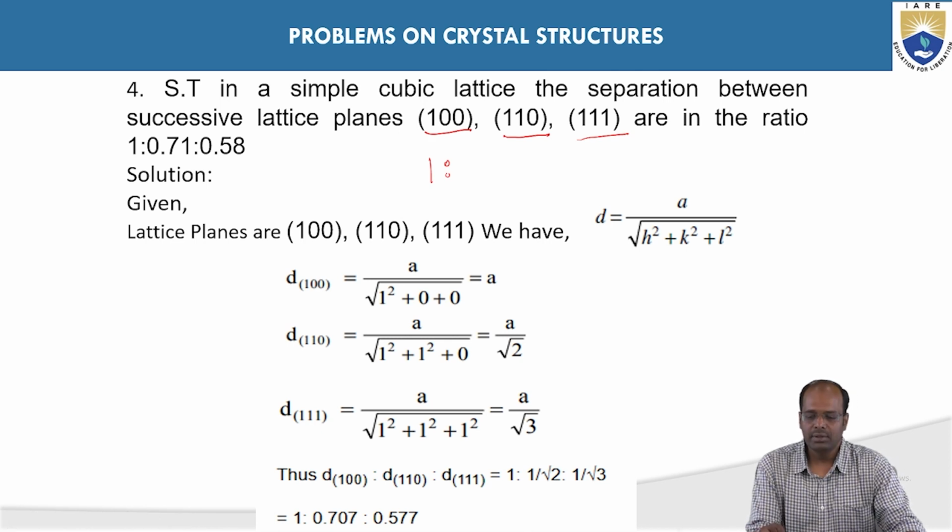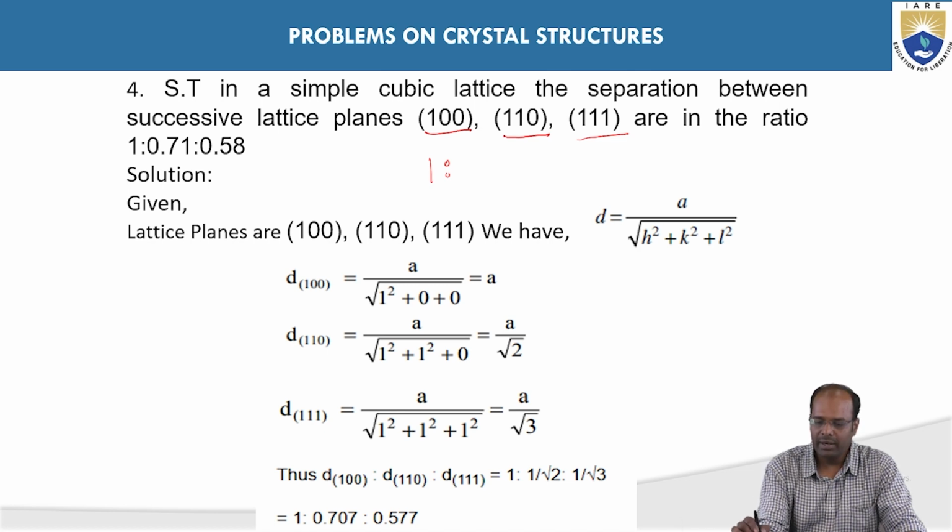So we have the formula. We need to calculate the interplanar spacing d from the a and hkl planes relation. The interplanar spacing formula is d is equal to a by square root of h square plus k square plus l square. Which planes they are asking? One is the 100 plane, another is the 110 plane, third is the 111 plane. So respective planes we substitute.